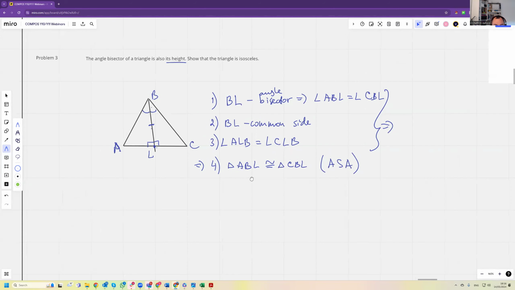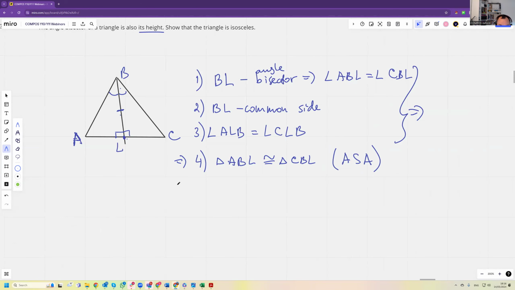And that means, if the triangles are congruent, AB is equal to BC because the triangles are congruent. Yay. Perfect.